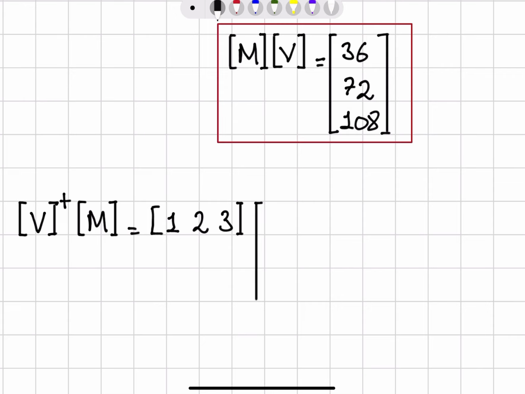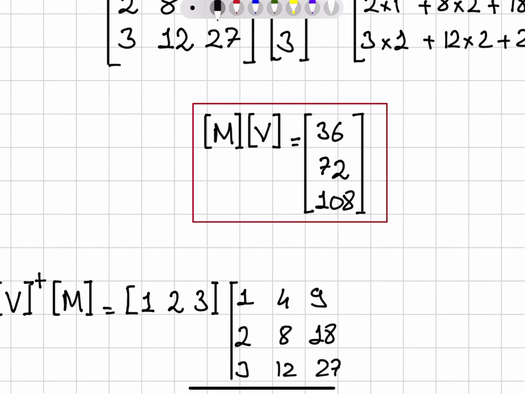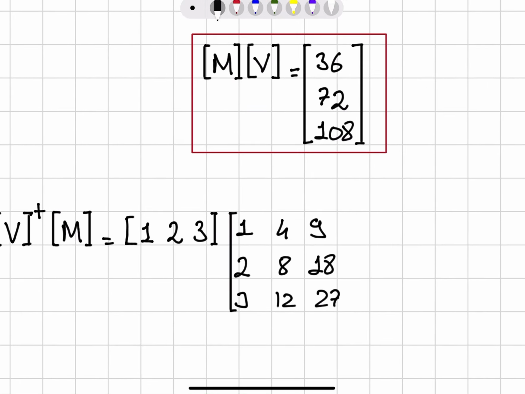The elements I have already found out: 1, 4, 9, 2, 8, 18, 3, 12, 27. So that's what I have found before.